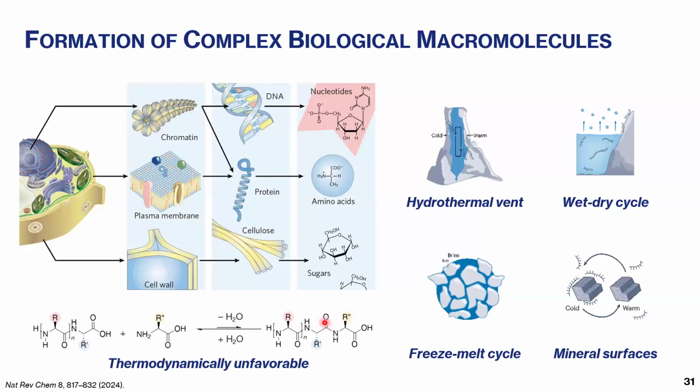So studies in simulated early Earth scenarios demonstrate various pathways for polymerizing amino acids into peptides, including the hydrothermal vent, the wet-dry cycle, the freeze-melt cycle, and mineral surface catalysis. So the formation of prebiotic peptides may provide primitive catalytic activities that could potentially accelerate other prebiotic reactions.